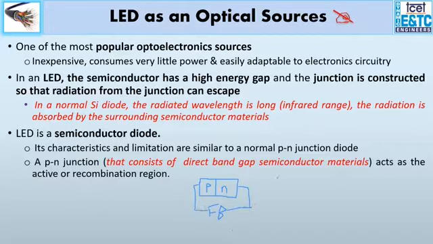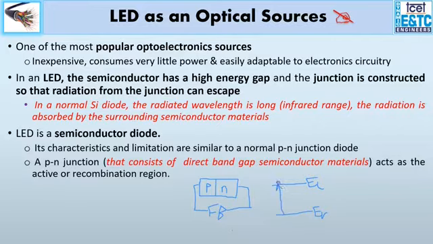Now we can understand it better with the help of an energy band diagram. For any semiconductor there will be a conduction band and a valence band. When you have a forward current, the carriers gain energy and move to the conduction band.